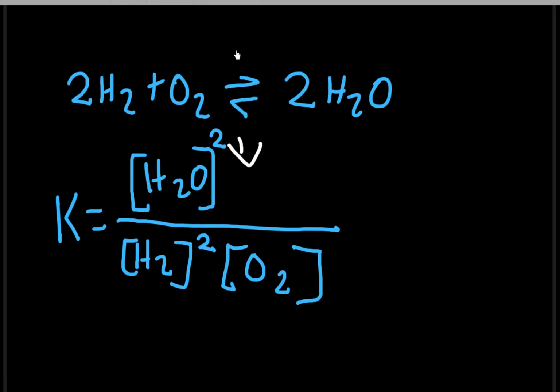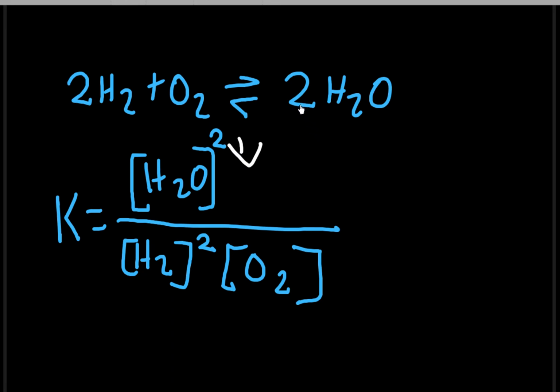All right, so take the same reaction we wrote. Normally, when we talk about the equilibrium constant, it's basically a measurement of the concentrations of a reaction at equilibrium. So what we do is we take each product, right? So in this case, our only product is H2O, and we put it to the power of the amount of moles there is.